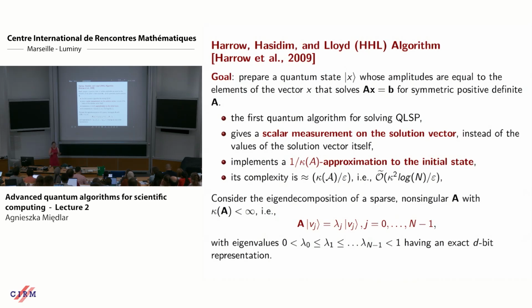Okay, so we assume that we have a matrix which is non-singular. We assume that its condition number is finite. It may be large, be careful. And we have the eigendecomposition, which has all the eigenvalues encoded using a d-bit representation. That's the only thing relevant here.